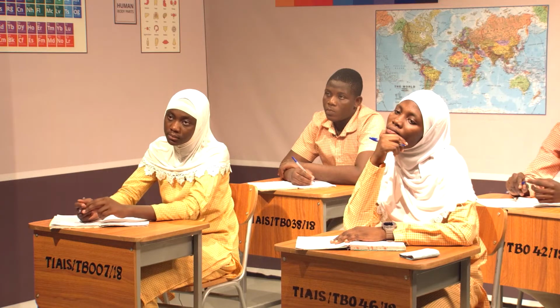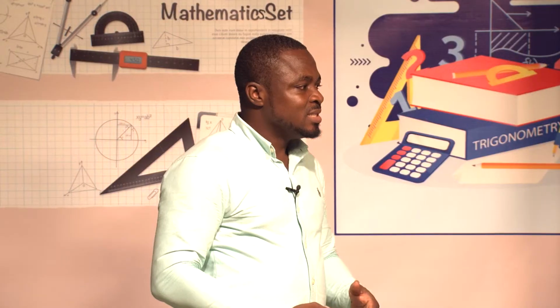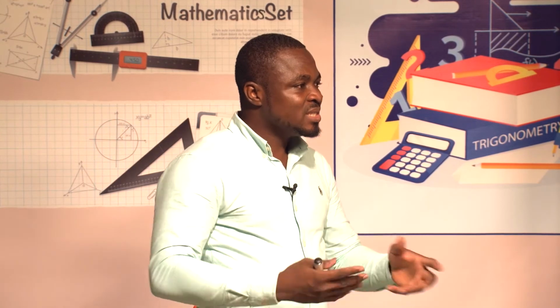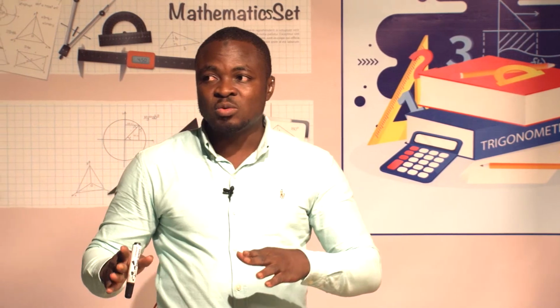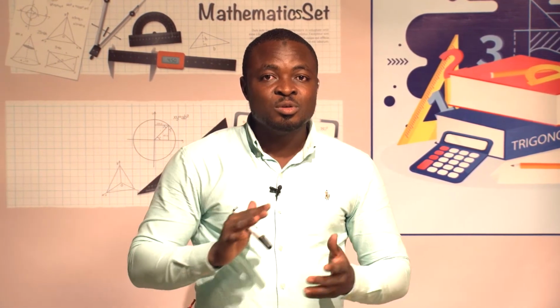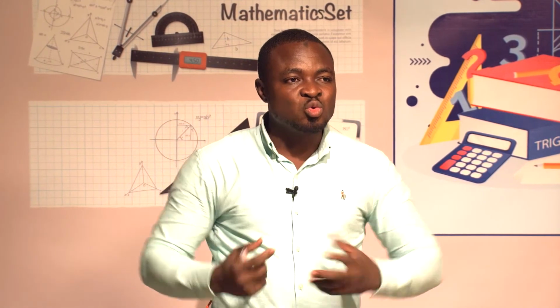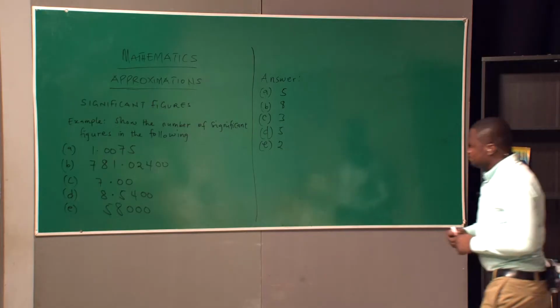Any questions? All right. So once you don't have any questions to ask, we move on to look at how to round these figures to a stated number of significant figures. For instance, I can ask you to write 1.075 to 3 significant figures or 2 significant figures. How do you do that? Let's look at that.